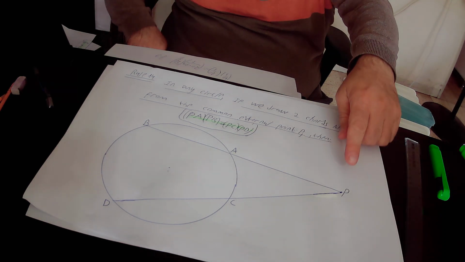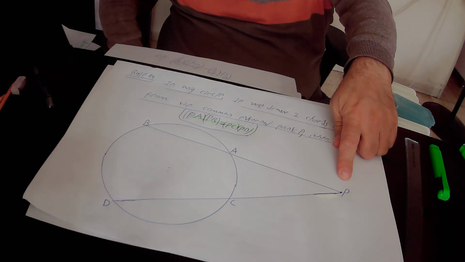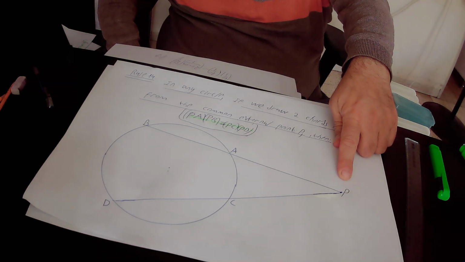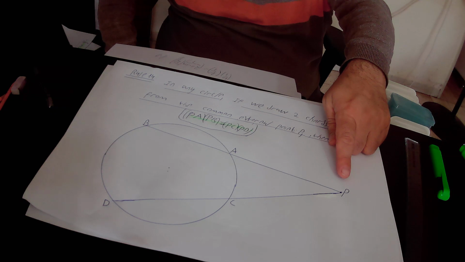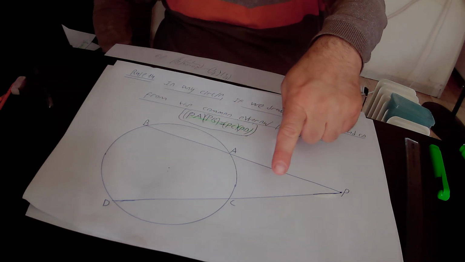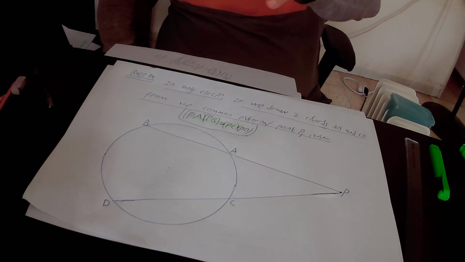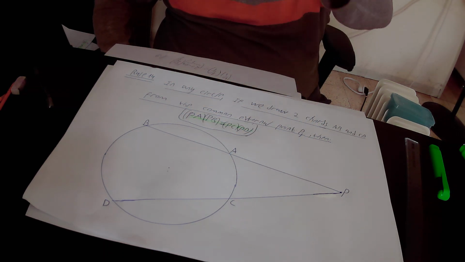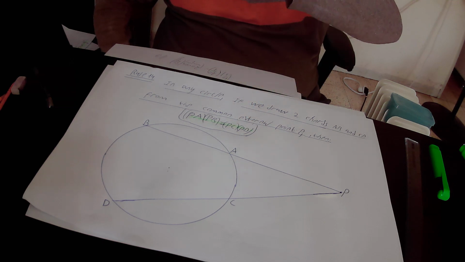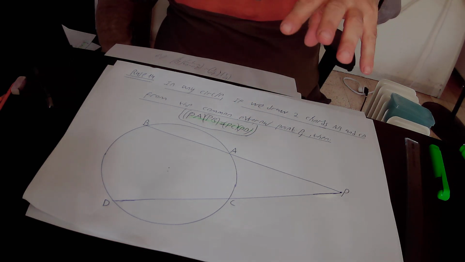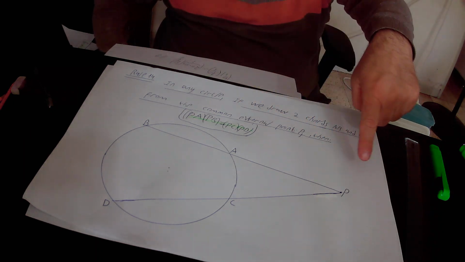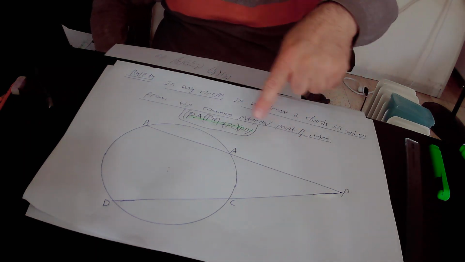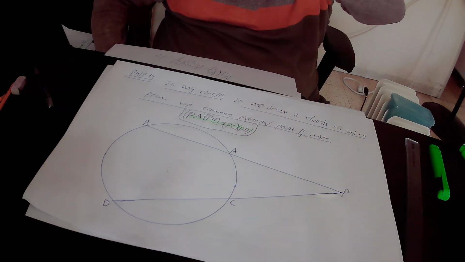Here we have the common standpoint P. From P, we draw line segment PB. In this way, we created chord AB. Then from the same standpoint P, we draw line segment PD. In this way, we created chord CD. So we draw two chords inside this circle. Then the following equation is true: PA times PB equals PC times PD. Again, PA times PB equals PC times PD.